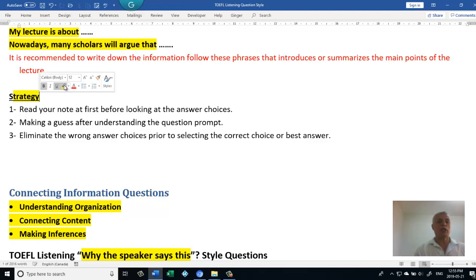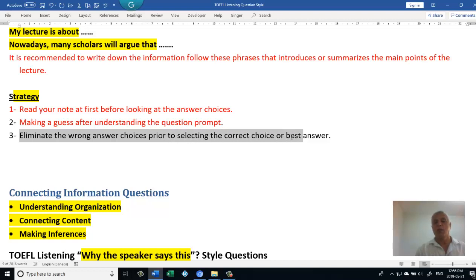We have a strategy. First, read your notes before looking at the answer choices. The notes we made when the speaker introduced the lecture. Number two, make a guess after understanding the question prompt. Number three, eliminate the wrong answer choices prior to selecting the correct choice or best answer.